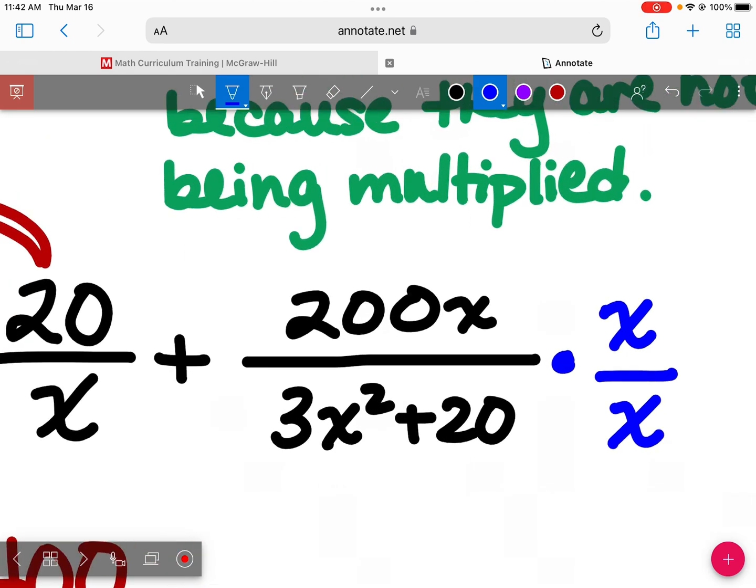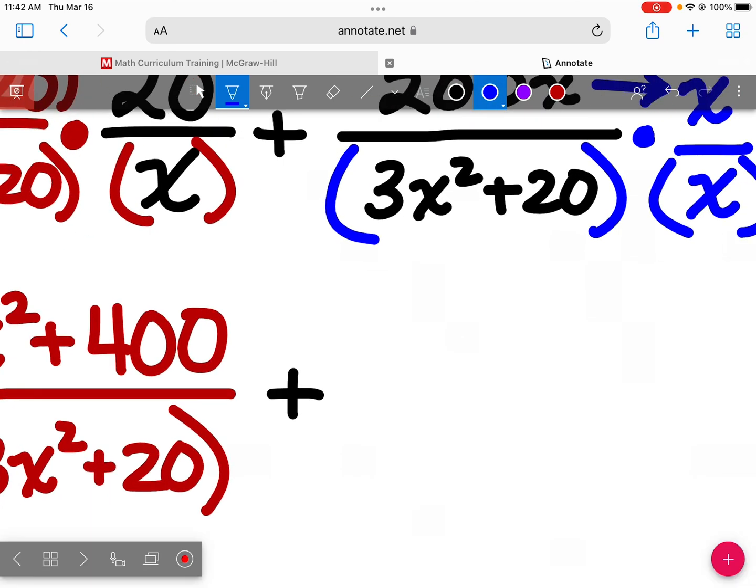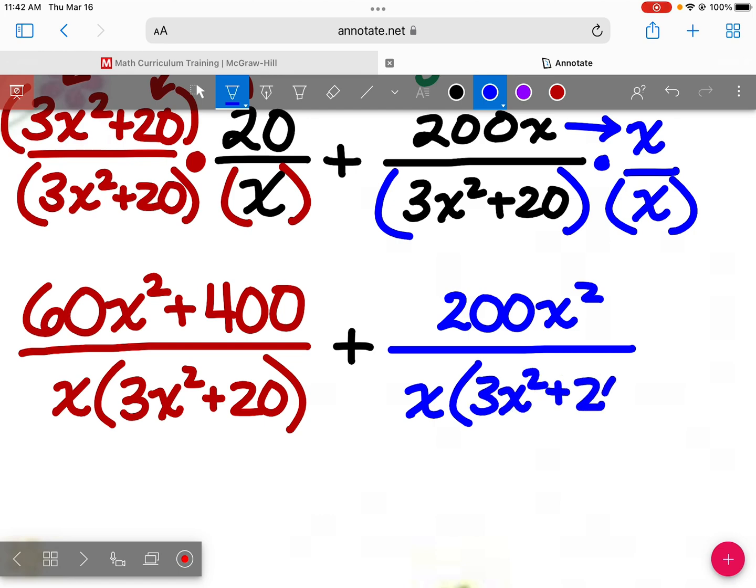Multiply by x. So I'm going to multiply these, and we're multiplying these. So what is 200x times x? 200x squared. So I have 200x squared in my numerator over x times 3x squared plus 20.